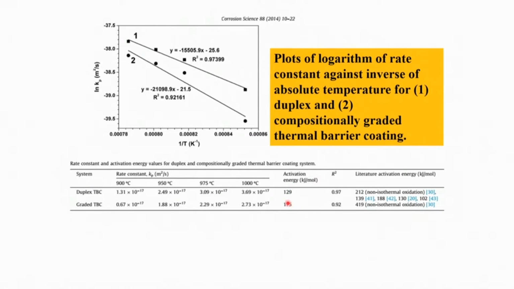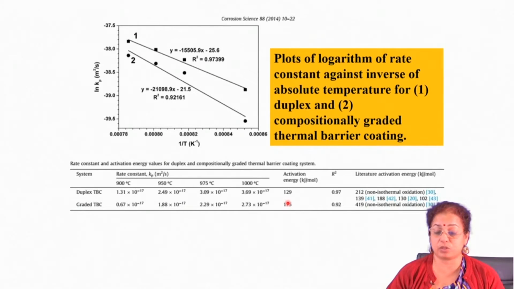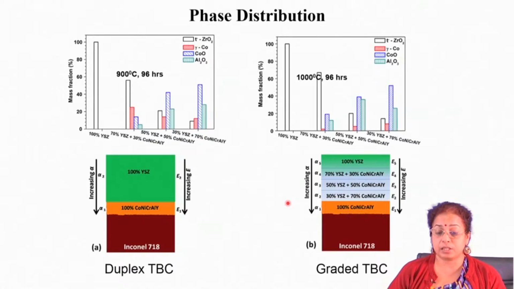It was earlier documented that graded coating would be beneficial for improving the toughness of the coating, but we established that not only toughness, but also high temperature oxidation resistance increases because of the development of the graded coating in contrast to the duplex coating.